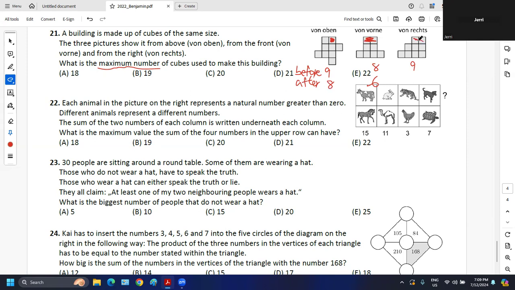Now there's 5, because these 4 would not count. So in total there is 19. B is the answer.